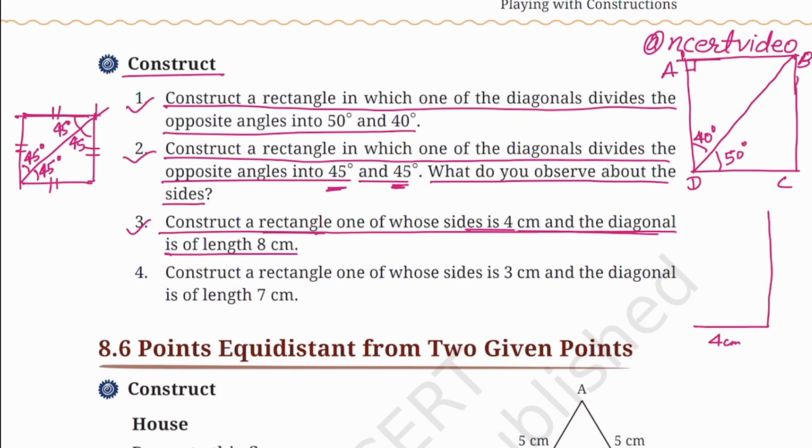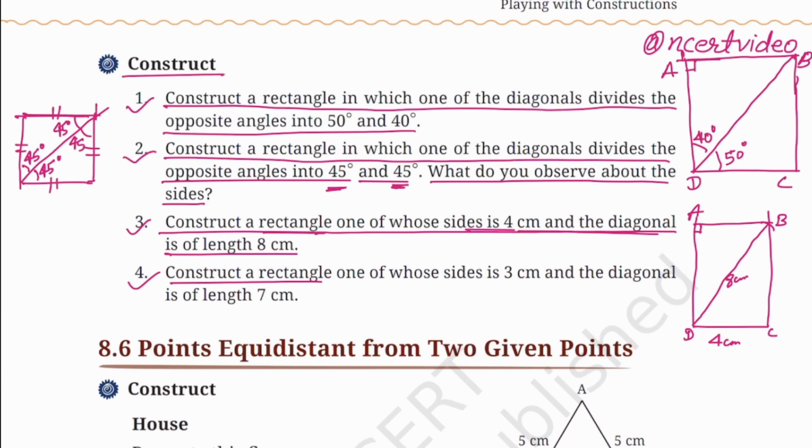Then you can draw a perpendicular like this. You can draw an arc cutting the perpendicular like this at the distance of 8 cm. Then you can make the rectangle like this. You can name the rectangle DCBA or ABCD like this.